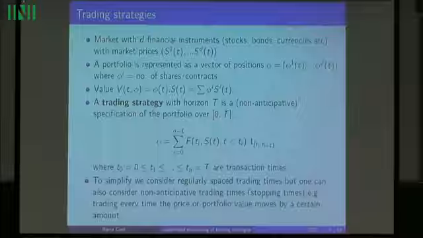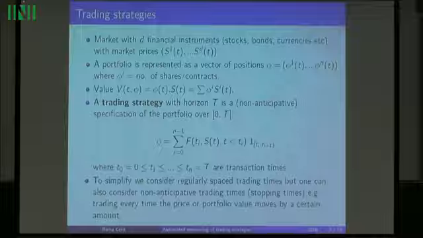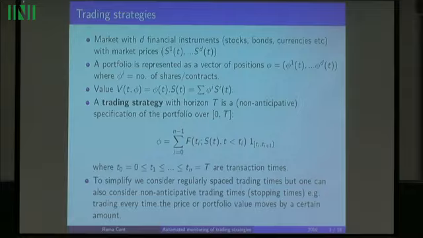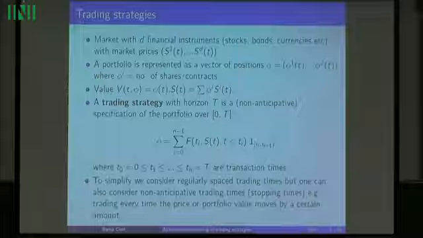Now a trading strategy is a rule for how this portfolio will evolve in time, and obviously at each point in time t, you can only use information available up to that point t in a causal way. This is what I call a non-anticipative specification. It's a non-anticipative rule for saying at each point in time t how many of each share you hold. There are some points in time t where you will change the composition of the portfolio. These are the trading times or the transaction times, called t_i.